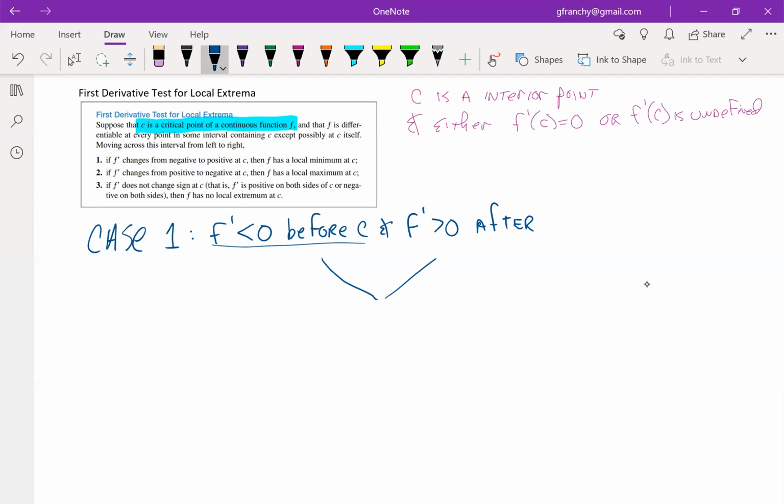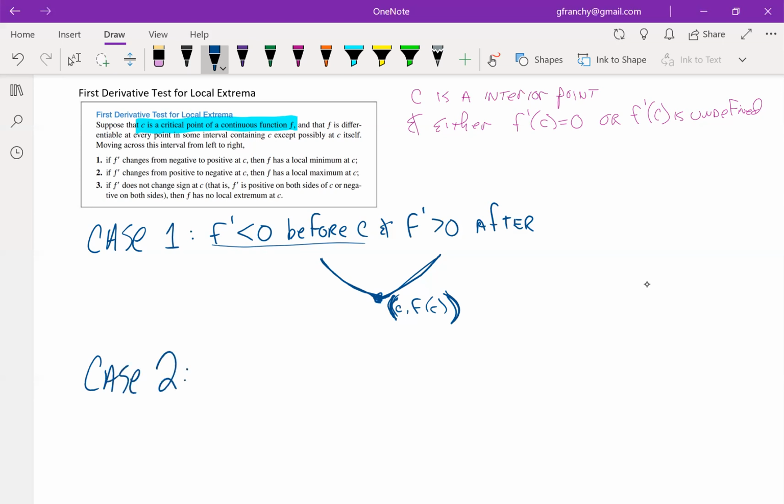And since the function is continuous, it has to meet at that point. And we can see here that if we go from a negative derivative to a positive derivative, that is indeed a local minimum.